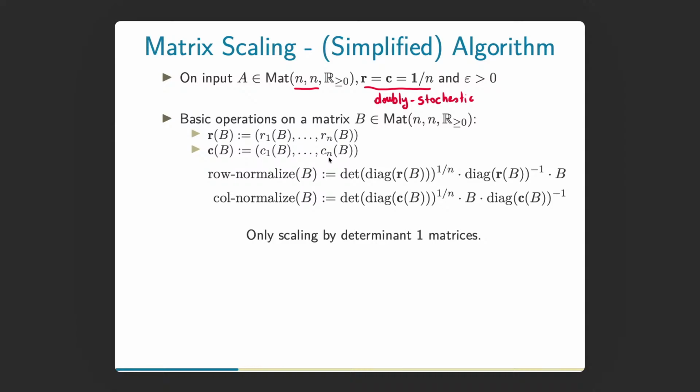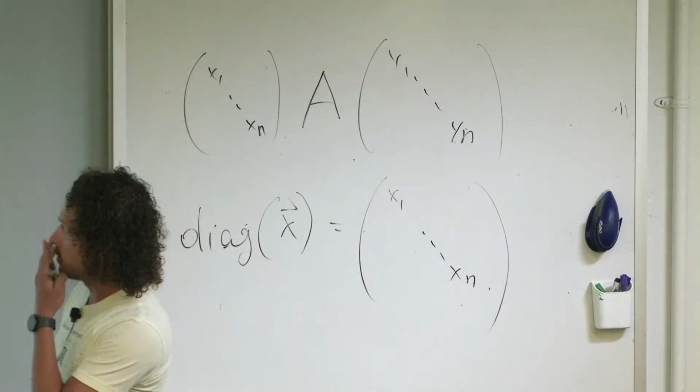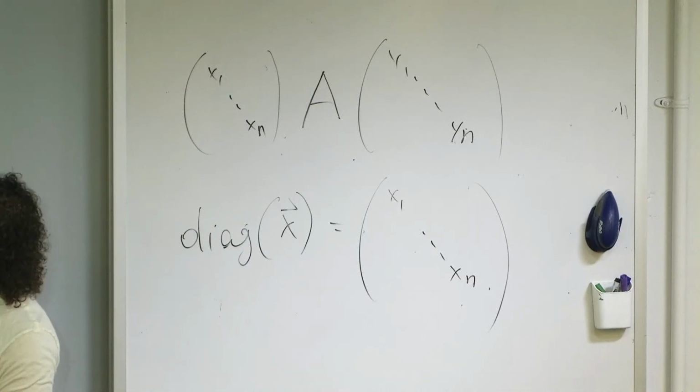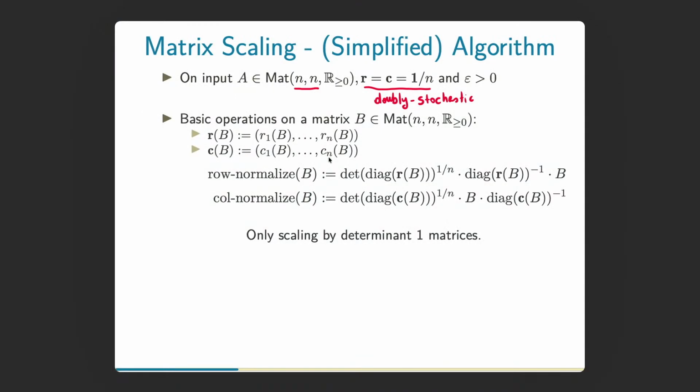So if my matrix B has these row sums and column sums, the process of row normalizing B is to multiply it on the left, scaling the rows by the inverse of these entries.